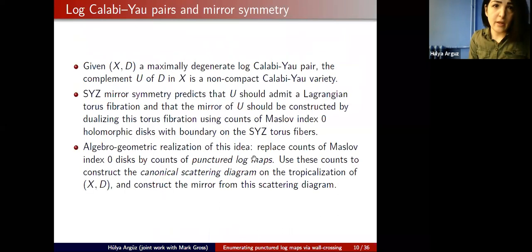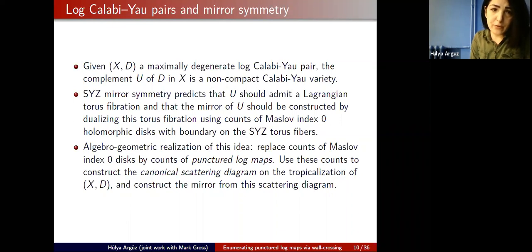Right. So if you look at Calabi-Yau pairs, and if you want to understand mirror symmetry for them, if you have a Calabi-Yau pair (X, D), its complement X minus D is an open Calabi-Yau variety, and SYZ mirror symmetry says that you should have a natural mirror, which is another Calabi-Yau variety. You can construct this mirror by counting Maslov index 0 holomorphic disks with boundary on some SYZ fibers.